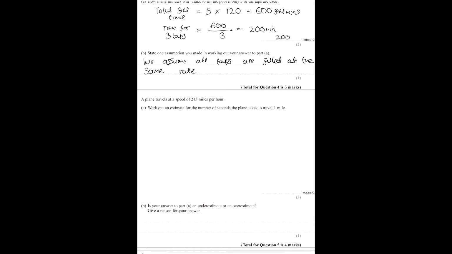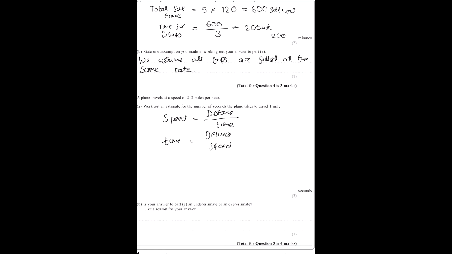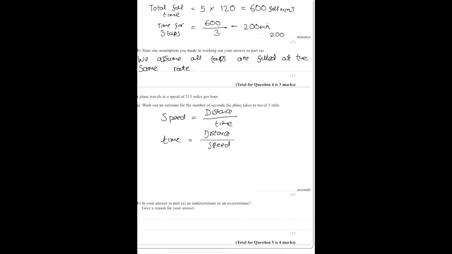A plane travels at a speed of 213 miles per hour. Work out an estimate for the number of seconds the plane takes to travel 1 mile. Well, this is effectively a speed equals distance over time question. We want to work out an estimate for the time. So time is your distance divided by your speed. If this is an estimate, we can approximate.